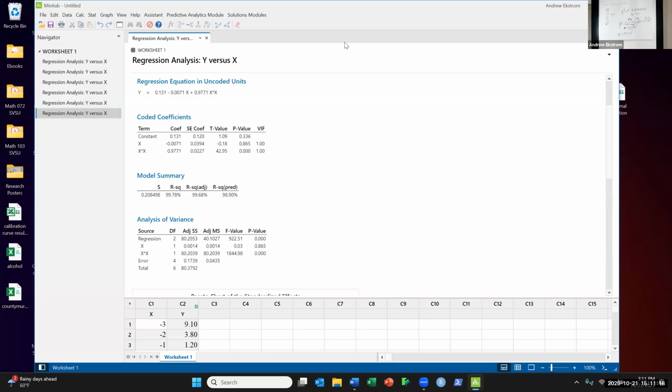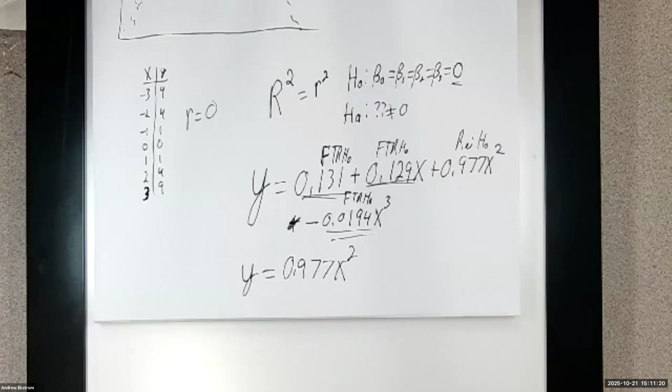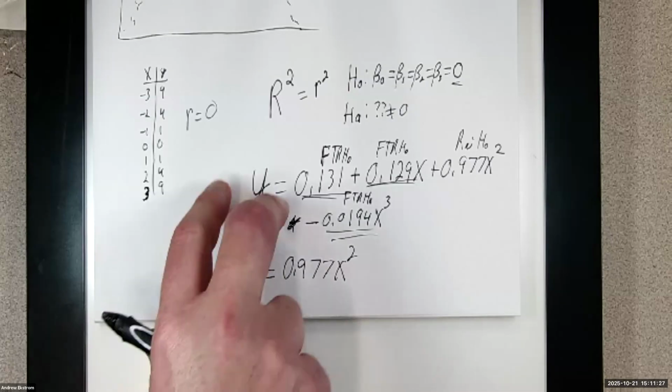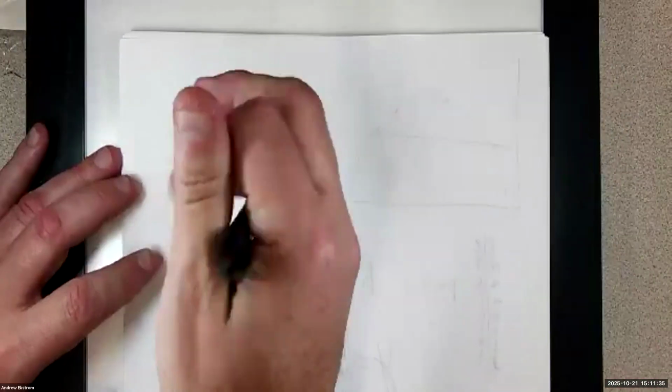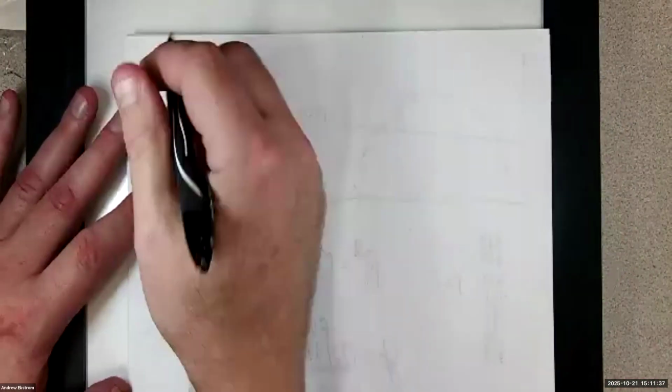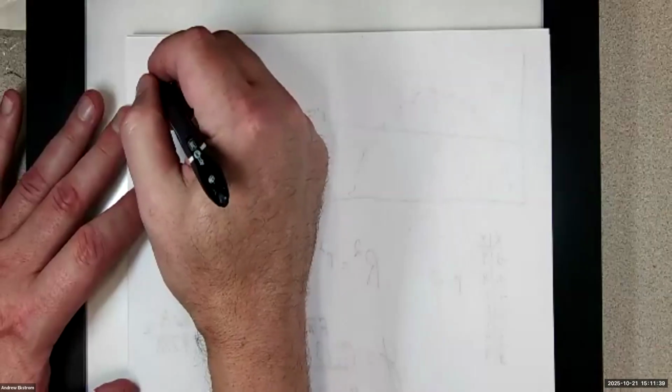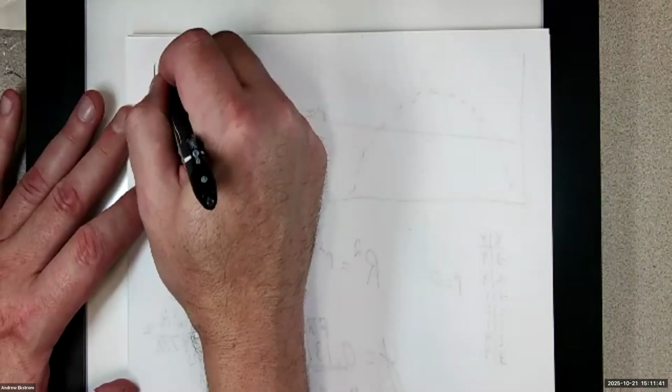One thing I want to say before we head out of here, though, is when we're dealing with our models, a lot of times, and again, it depends on the data we're looking at.